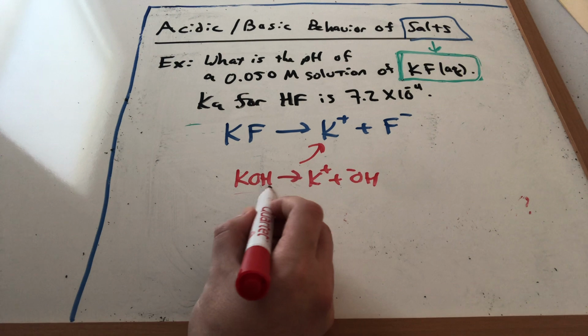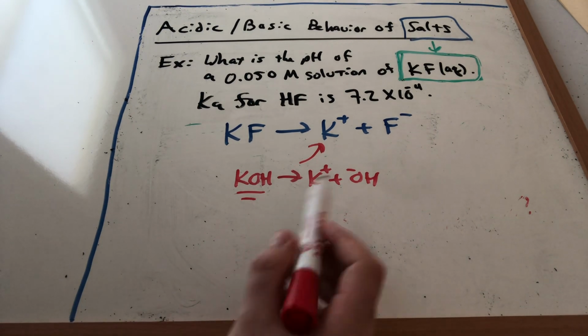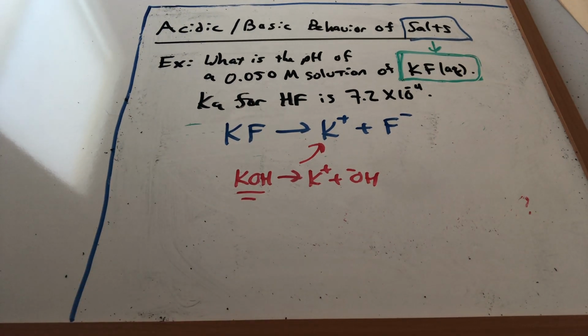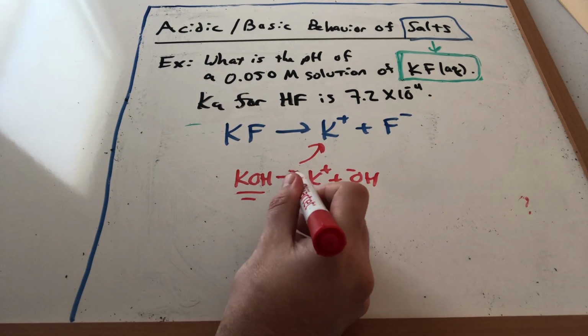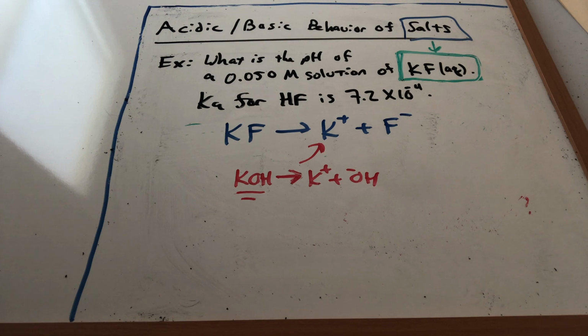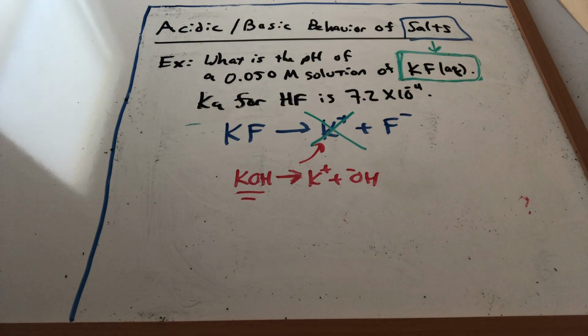You saw it with reference to KOH. So if you look at K plus in terms of its acidic and basic behavior, can K plus act like an acid or base at all? No. It's a product in the single arrow reaction. K plus then is definitely neutral. It's not going to have any effect on our acid or base behavior at all.